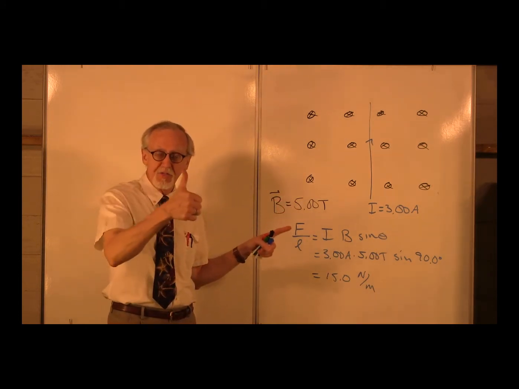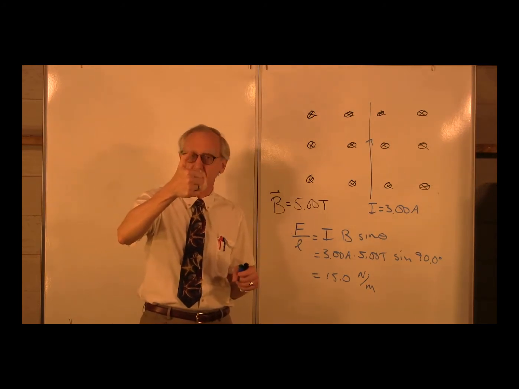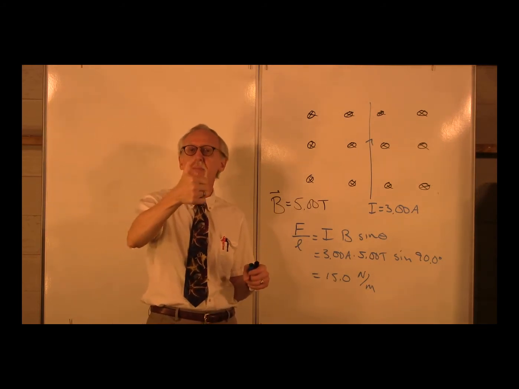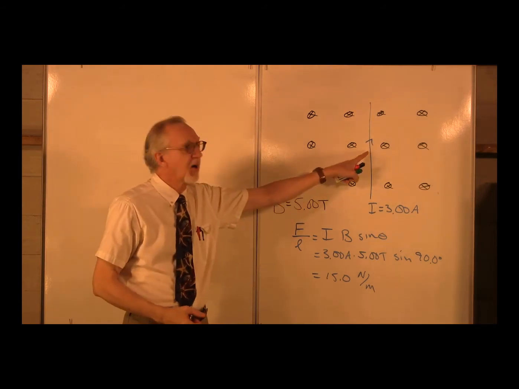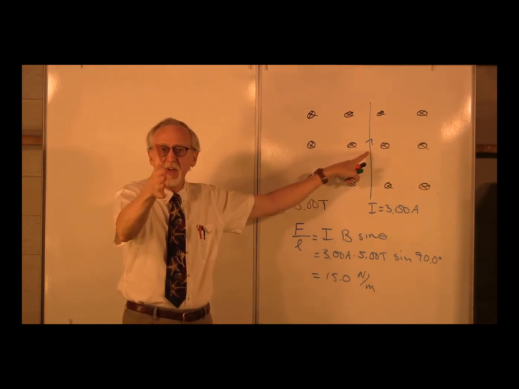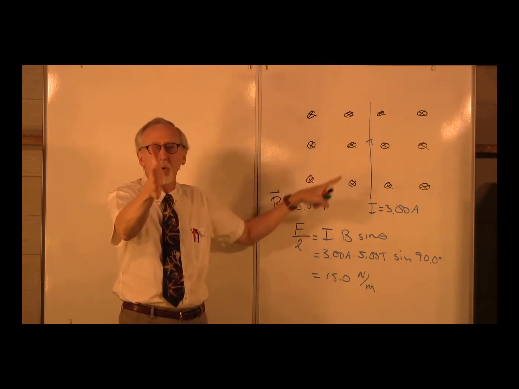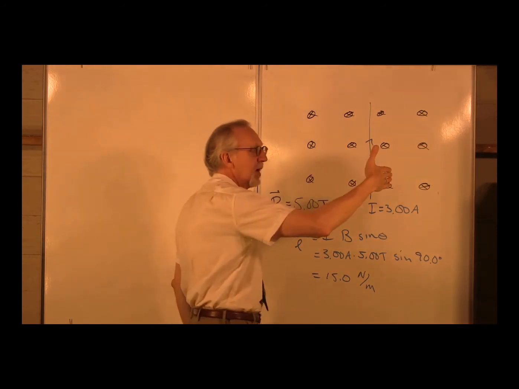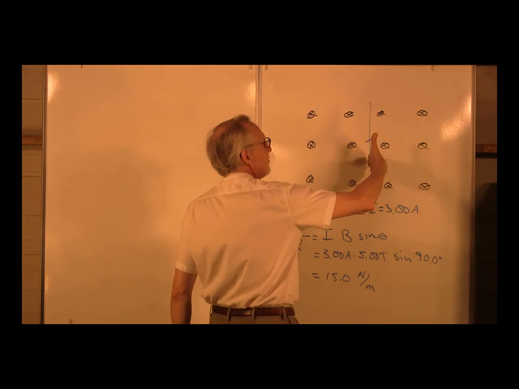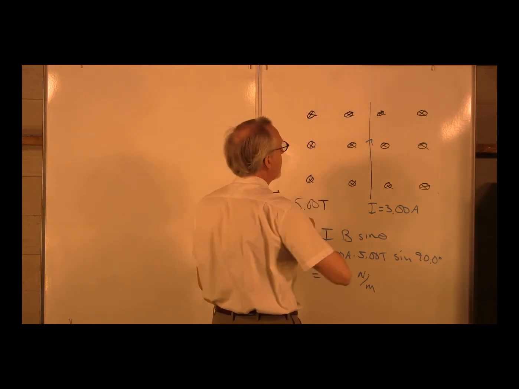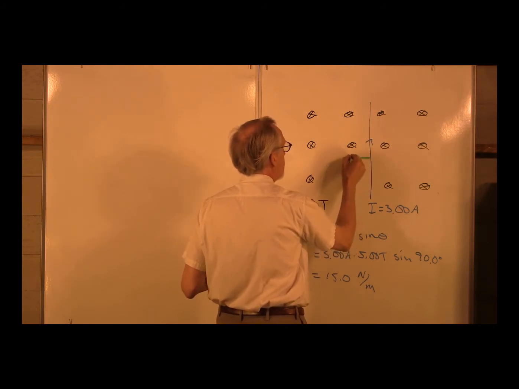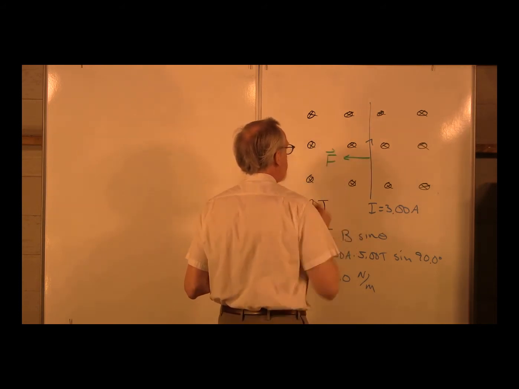What is it? Thumb goes in the direction of the current, like the velocity. Thumb is now the current. Fingers are the magnetic field. So I want my thumb pointing up, my fingers pointing into the board. So I have to turn my hand around this way. Keep your hand flat. My palm then points to the left. So the force is to the left in this case.